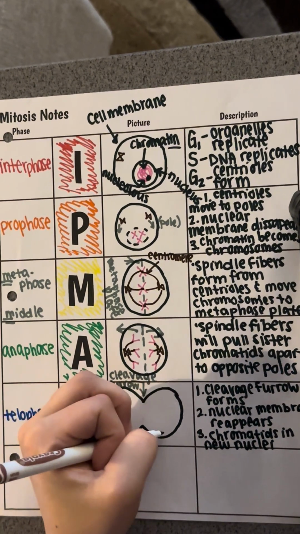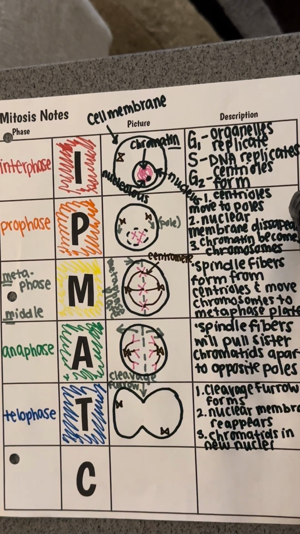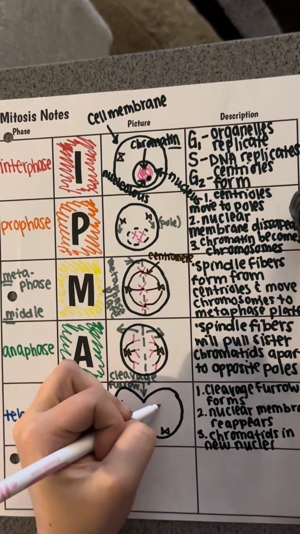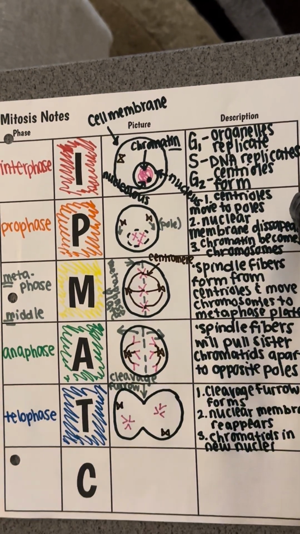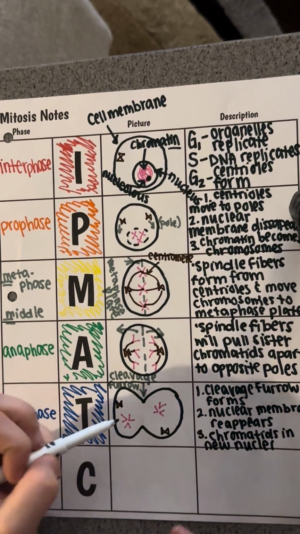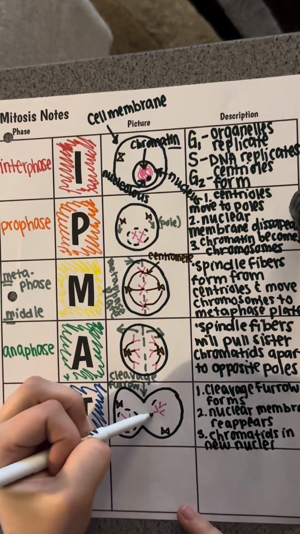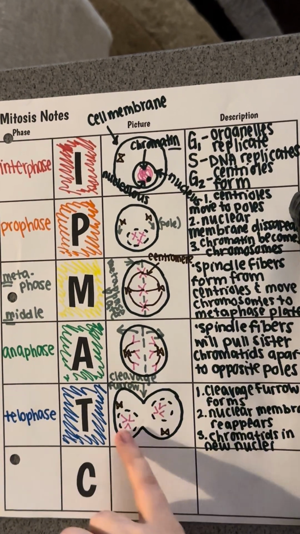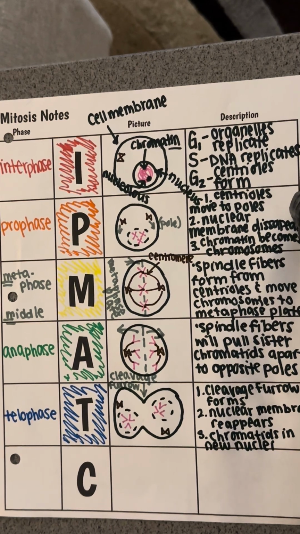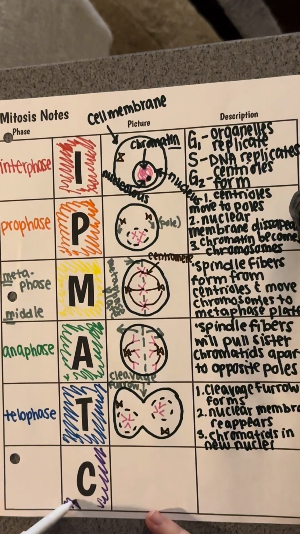They're not necessarily at the poles anymore. We're still going to have our three sister chromatids. But now our nuclear membrane starts to reappear. There it is. It came back. And now we're ready for the final step here, cytokinesis.